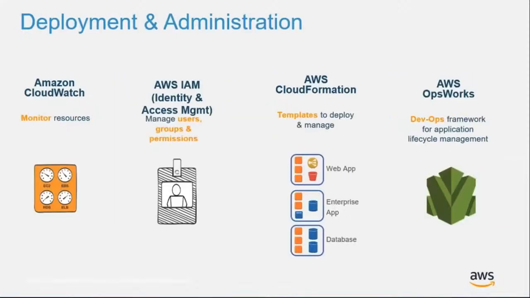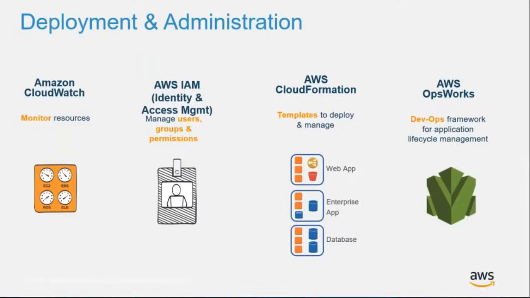After that, Amazon has a number of tools around development and administration as well. Amazon CloudWatch is the tool that allows you to monitor and view your AWS resources. AWS Identity and Access Management manages user groups and permissions. AWS CloudFormation has templates to deploy and manage your AWS environment.